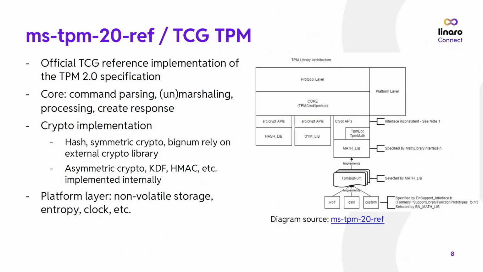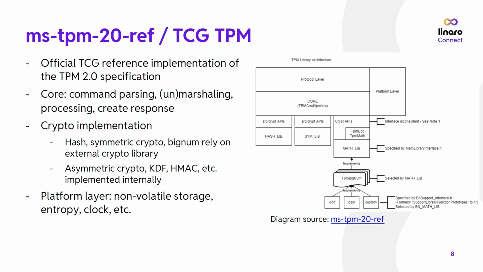So moving on to the implementation, I have used the MSTPM 2.0 ref library as a TPM backend. This is the official TPM 2.0 reference implementation made by Microsoft and the TCG. So here you can see the high-level architecture of the library consists of a core part which is responsible for actually parsing the commands, processing them, and creating the response. And it relies on a crypto library, but that's implemented in a bit of a weird way, because for some of the crypto operations, it's using an external crypto library.